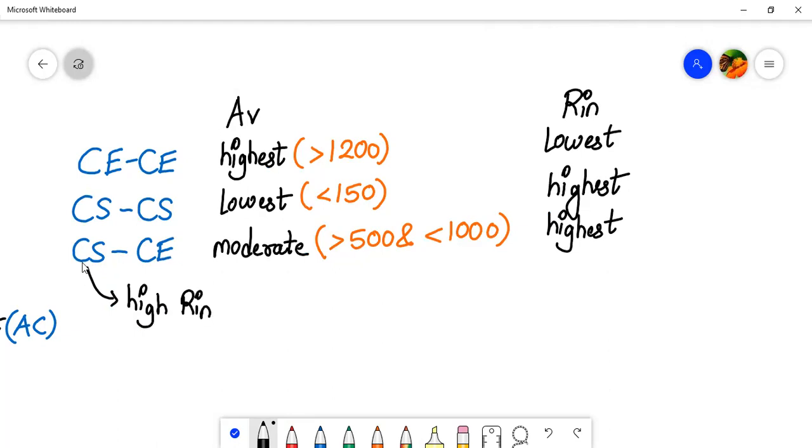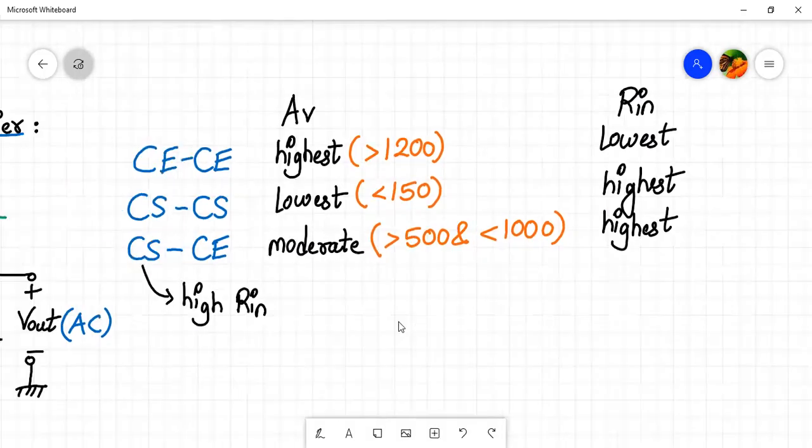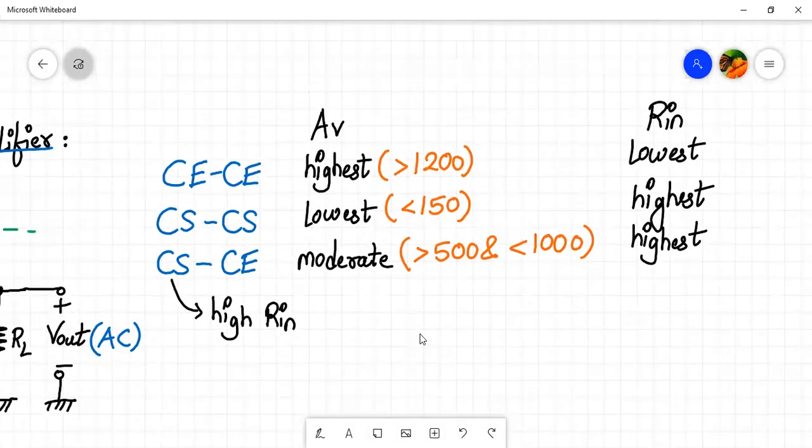If we connect common emitter first, then it will provide a low input resistance, which is bad for a voltage amplifier. That's why in common source common emitter, common source is connected first, right? So that is the brief comparison of all the three configurations which we have studied so far, right?